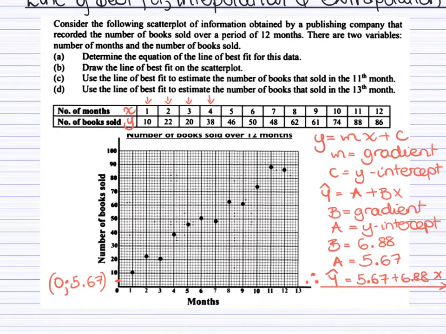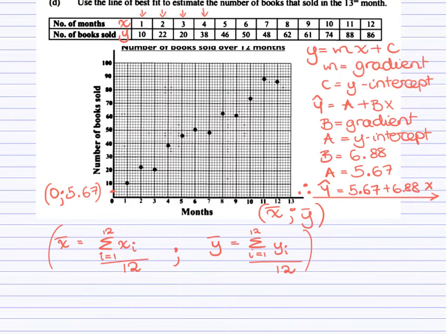Our mean point is your x bar and y bar, basically the mean of your x values and the mean of your y values. We basically have to add all the x values together from 1 all the way up to 12 and divide them by 12 to get the average.